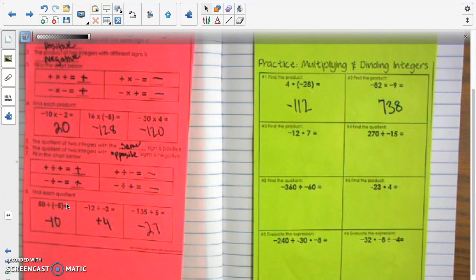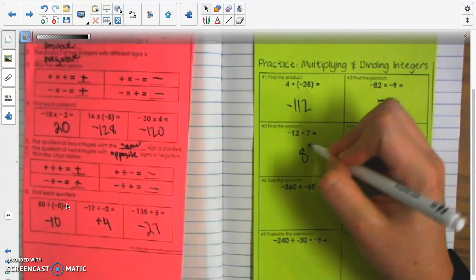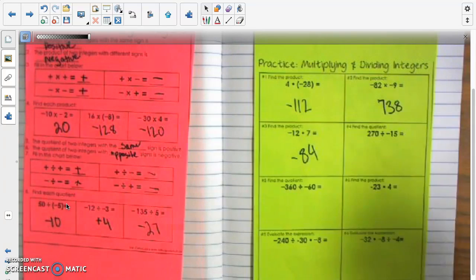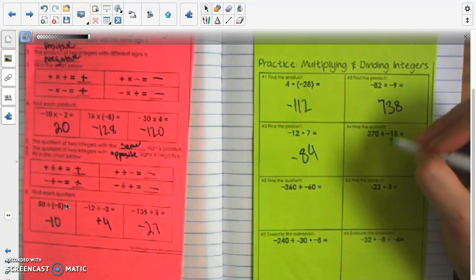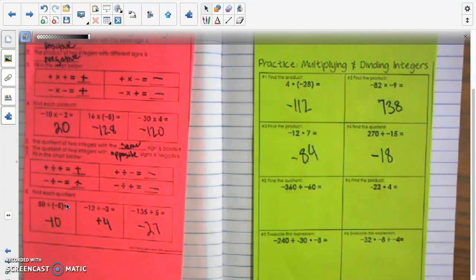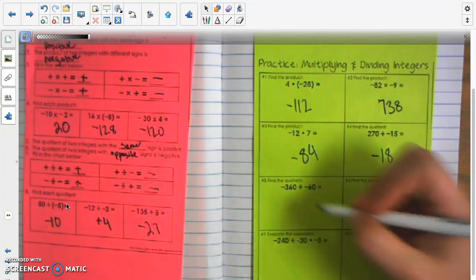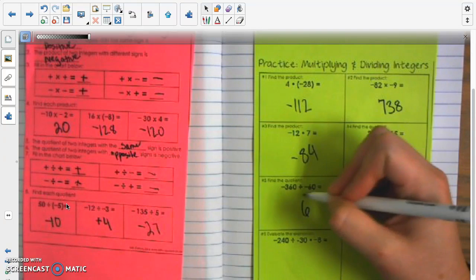12 times negative 7 is going to be 84, and it'll be negative because we're opposites. Negative 270 divided by 15 is going to be 18, and it will be negative. Negative 360 divided by negative 60 is going to be positive 6 because two negatives make a positive.